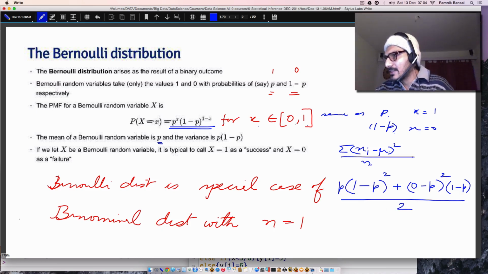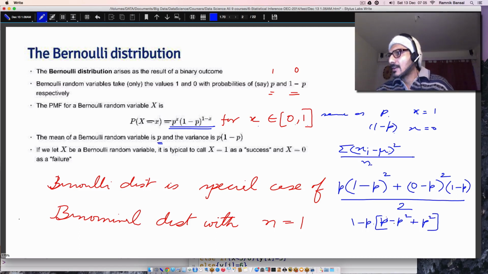So now what do we get? This is correct, right? So now 1 minus p is common, and we are left with 1 minus p into p, so that becomes p minus p square plus p square.